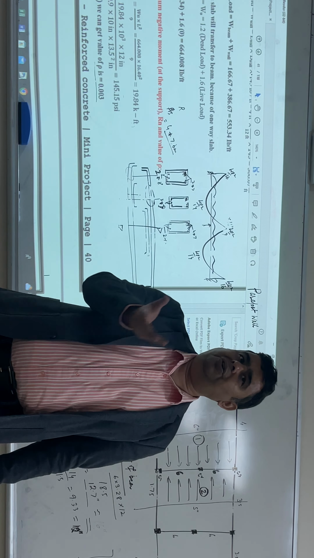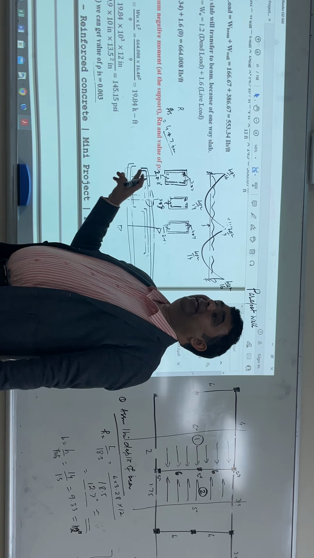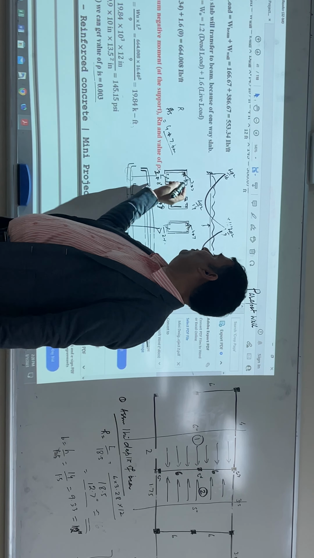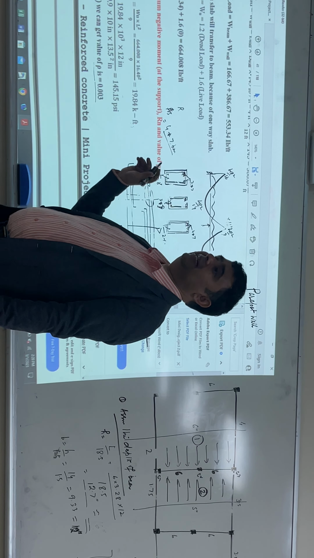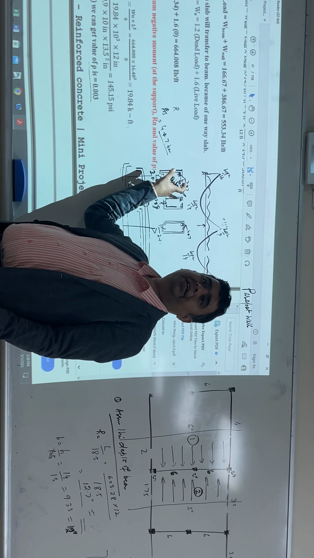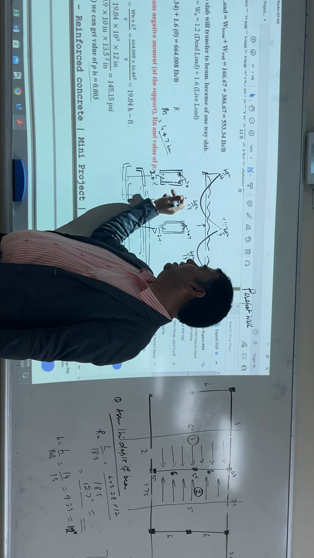Suppose here if you find 2 numbers, with diameter 7, it is better to reduce the diameter, make it 3 or 4, and then increase the number of reinforcement bars.